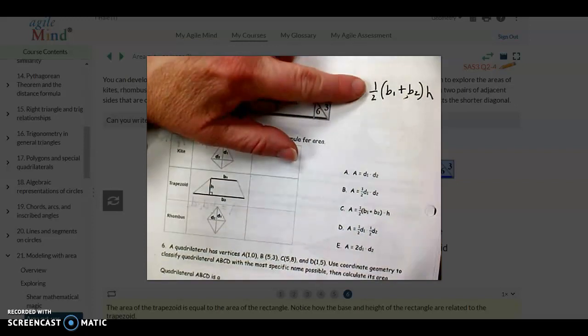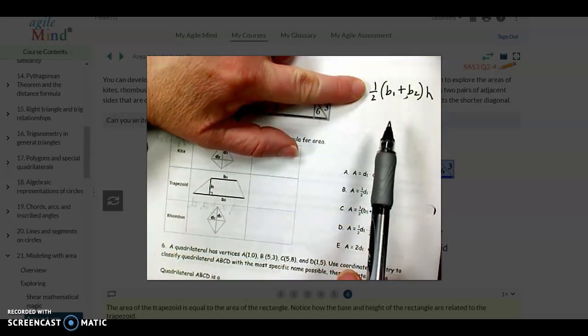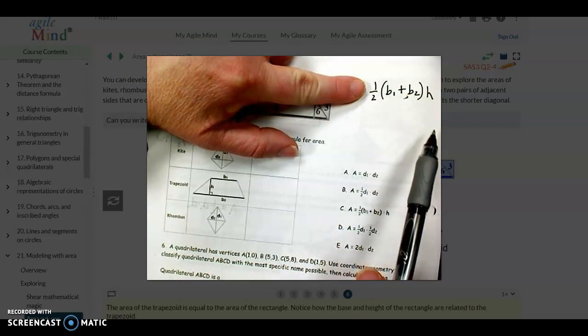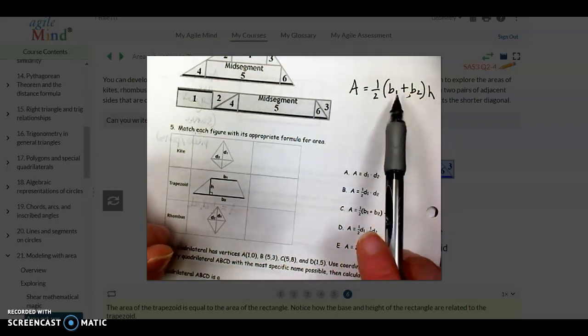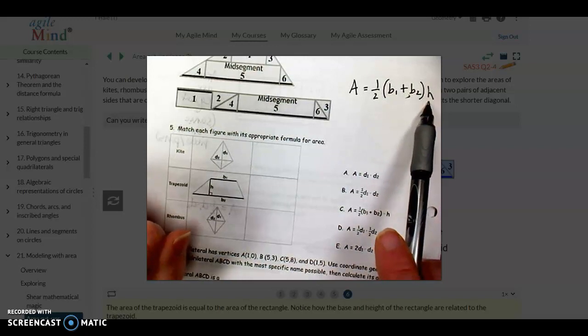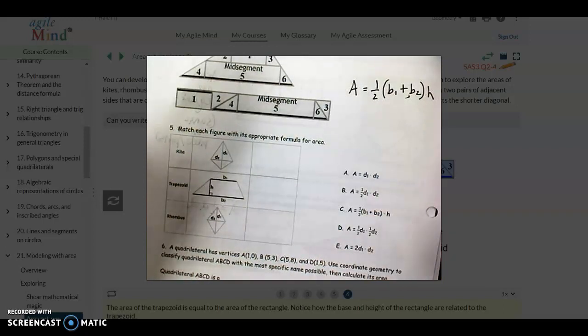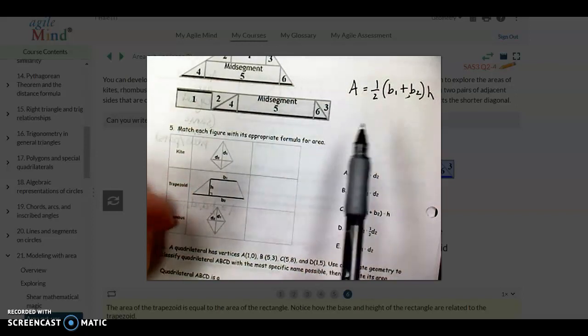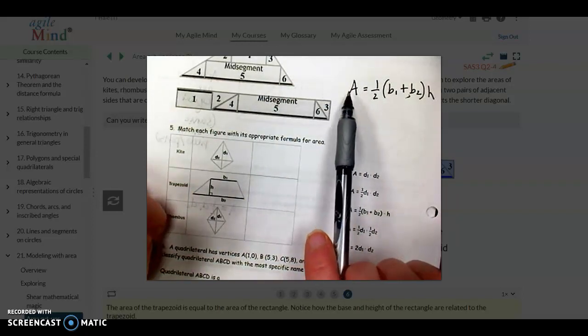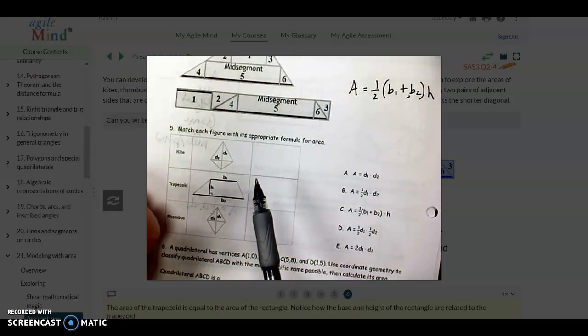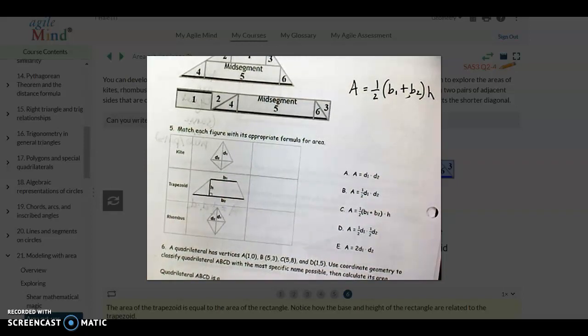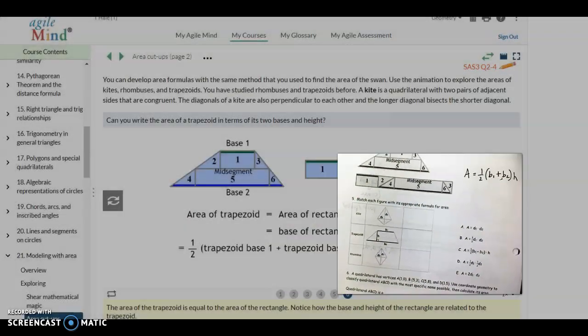A lot of times students will just write this part of the formula, but sometimes you're given the area and you're asked to find one of these other variables, like maybe the height. If you don't understand that it's an equation and it has two sides, then you don't know where to put the area that you're given. It goes over here on this side of the equation. So make sure that you always write A equals when you're writing your formulas.